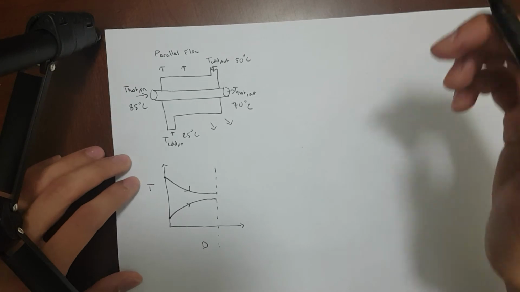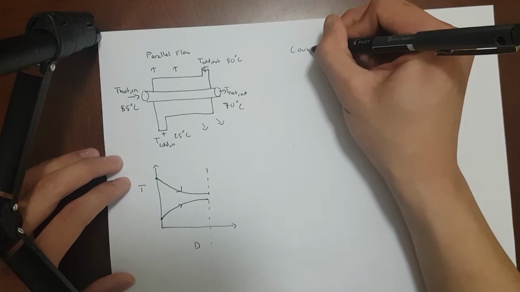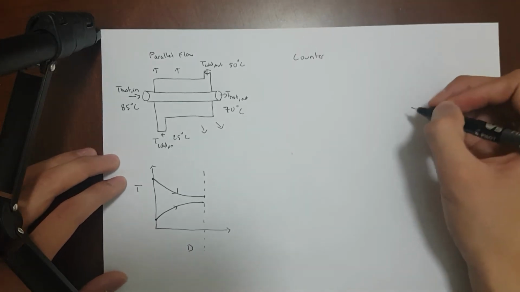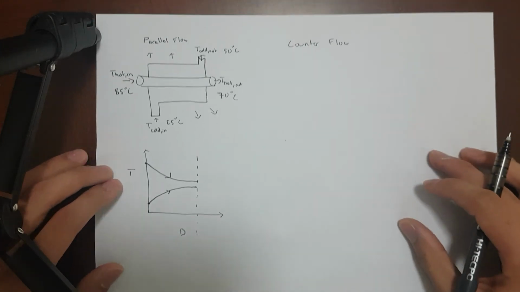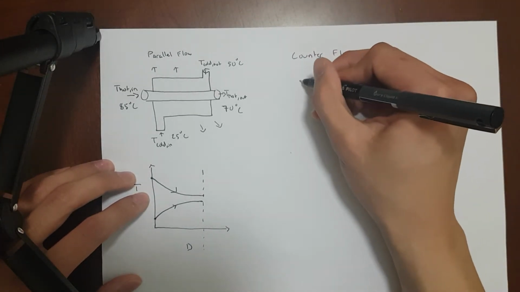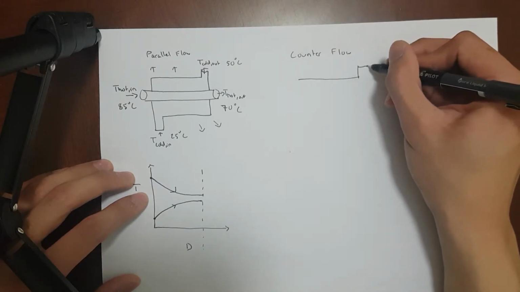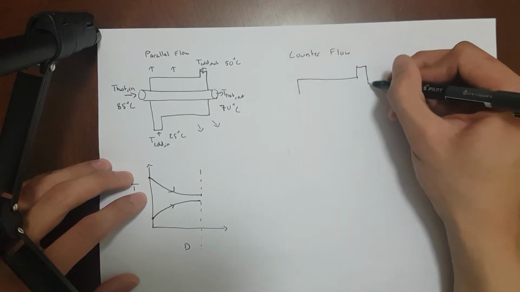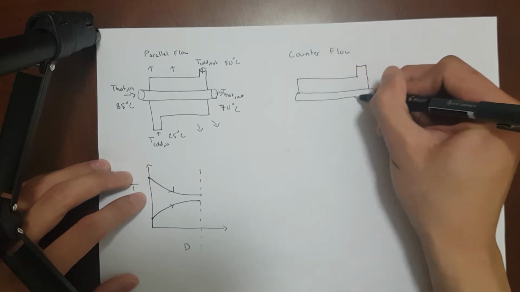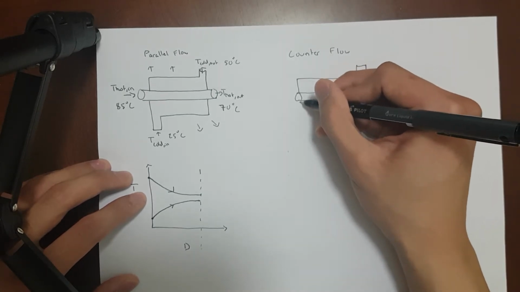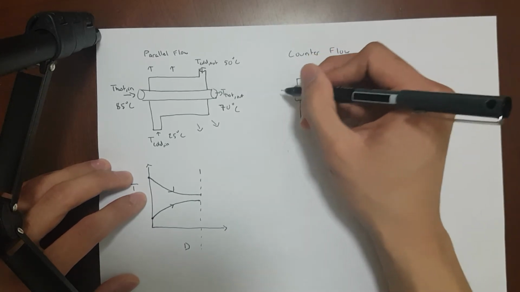A different configuration for double pipe heat exchanger is counterflow. In counterflow, the schematic is still drawn the same way. The only difference this time is that the direction of the fluids are now different.